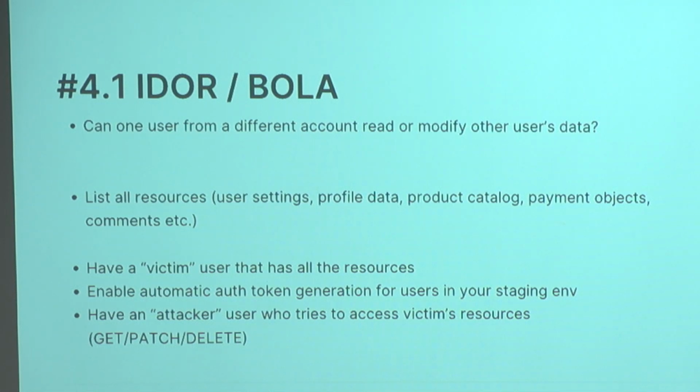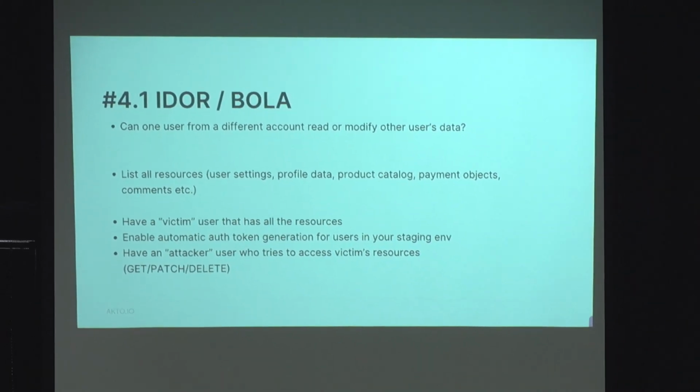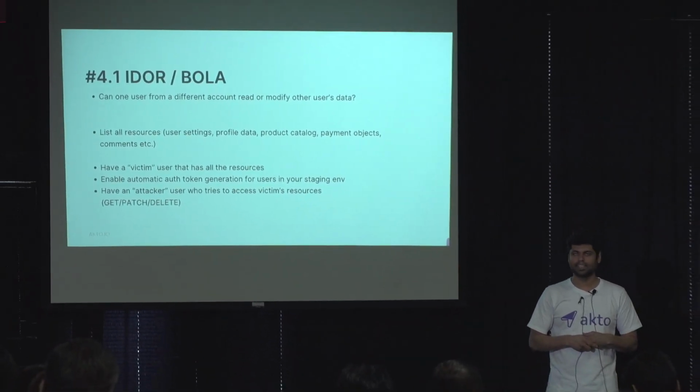Have a list of all the resources, and all you've got to do is set up two accounts, a victim and an attacker account, somewhere in your staging environment. This is where, if you have someone with development expertise in your team, they can help you.